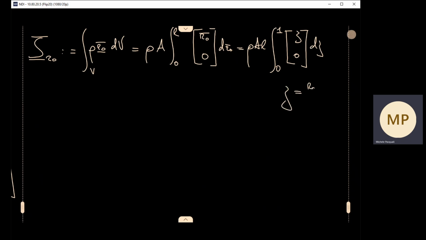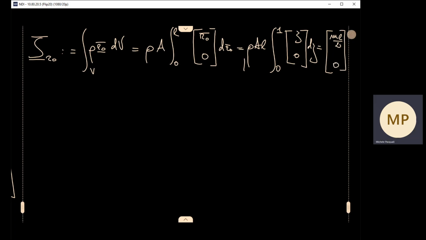Zeta is R0 over bar divided by L. If you do this, you get M L divided by 2 and 0. Why ML?